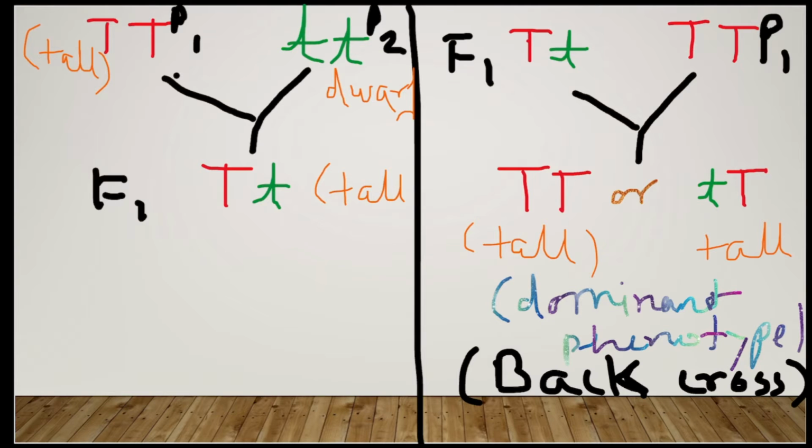One is homozygous tall and the other is heterozygous tall, but phenotype will be tall, and this cross will be called back cross because we are taking F1 generation and crossing it with one of the parents, so it is called back cross.